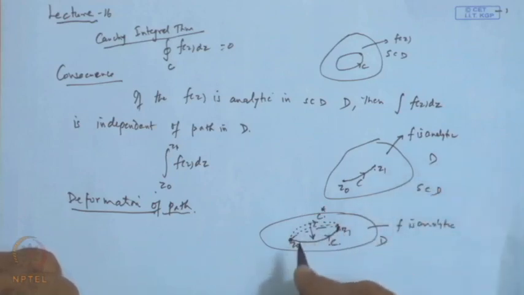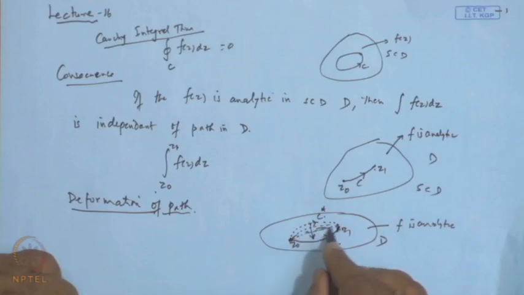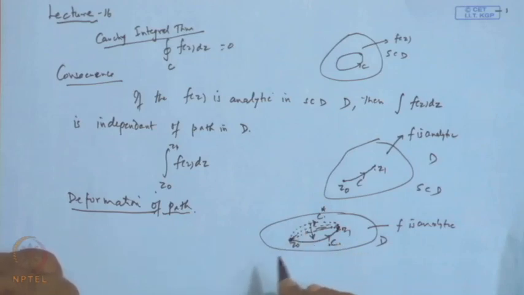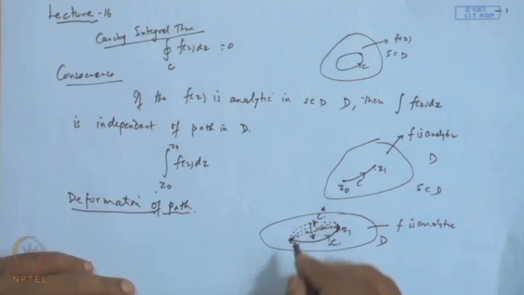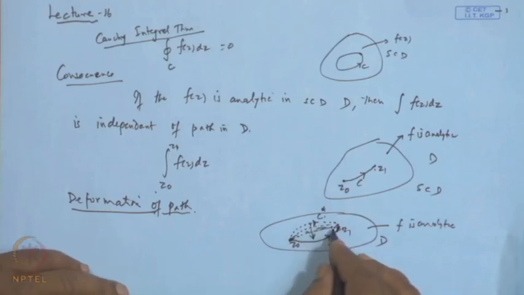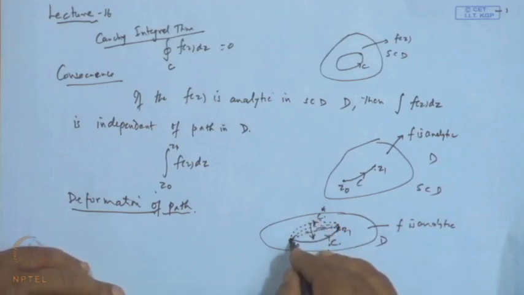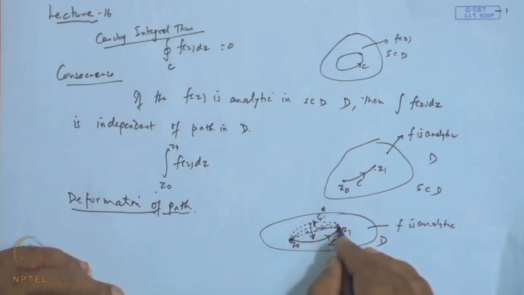If the function is analytic throughout this domain, then whatever path you choose, the integral will be independent of the path. So when C star touches C, the value of the integral along C star and along C will remain the same, and this is called the deformation of path. It means that if the path is given in a very uncomfortable way, one can transform C star into a comfortable path, provided the initial and terminal points are intact and the function is analytic throughout this process.